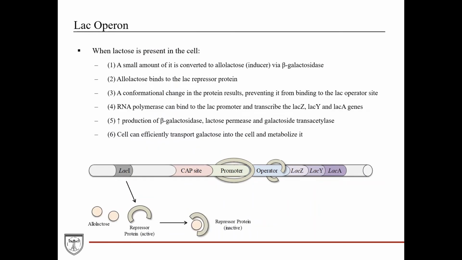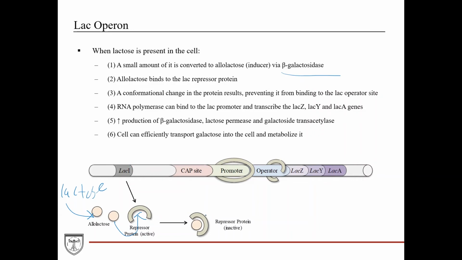Now, switching gears here, when lactose is present in the cell, you have a small amount of it. So if you have lactose here, a small amount of it's going to get converted to allolactose by beta-galactosidase. And in this case, allolactose is what's called an inducer. And this is just a substrate that's involved in promoting gene expression. So in this case, what allolactose does is it actually binds to that repressor protein produced by the LAC-I gene.